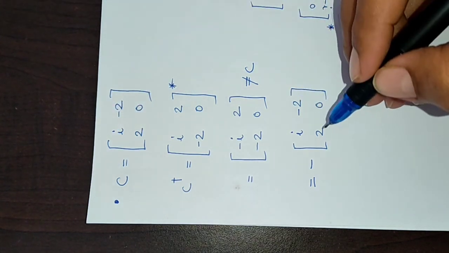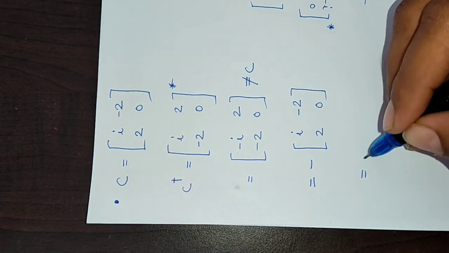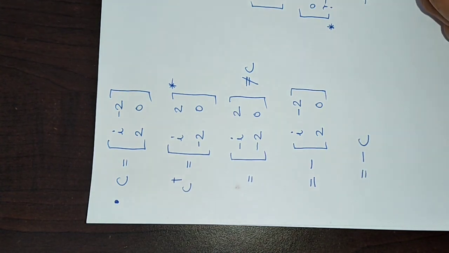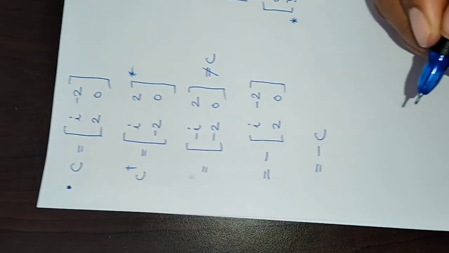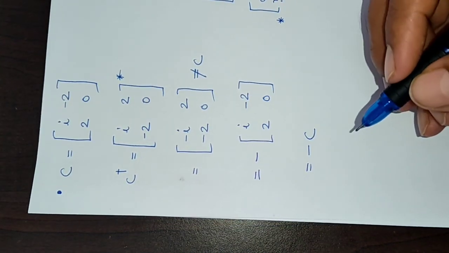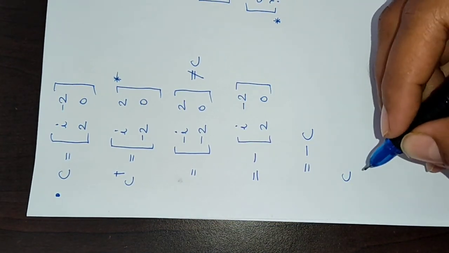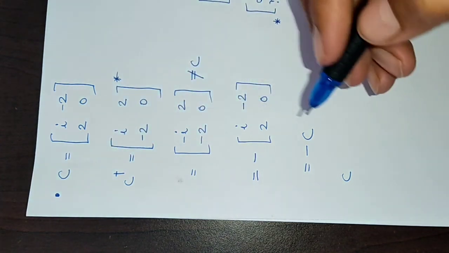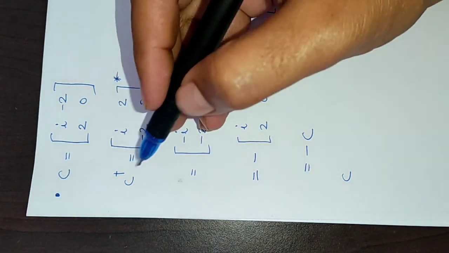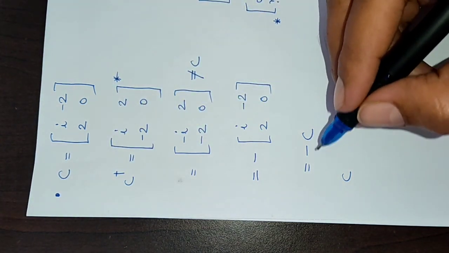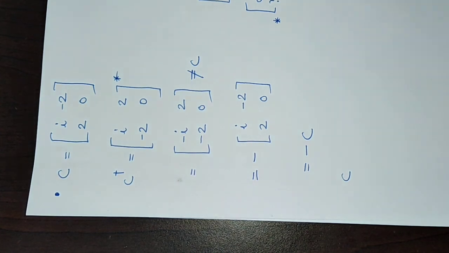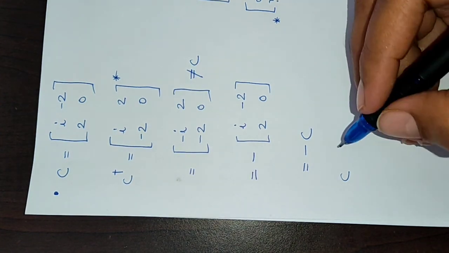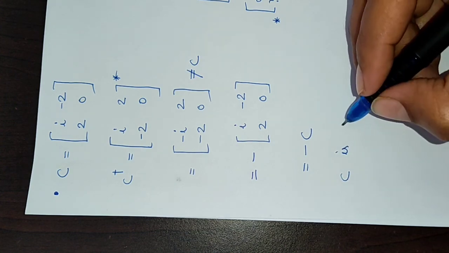So it is minus C. Here we can say that C is not Hermitian, and since C dagger is minus C, since the adjoint of C is coming to be the negative of that matrix, we can say that C is anti-Hermitian or skew-Hermitian.